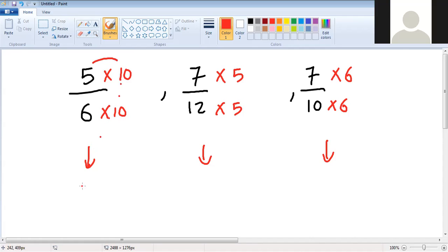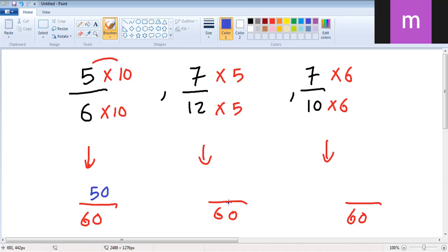Of course, all of them now have the same denominator, 60. So the first one, which is 5 out of 6, is going to be 50 out of 60. The second one is going to be 35 out of 60.